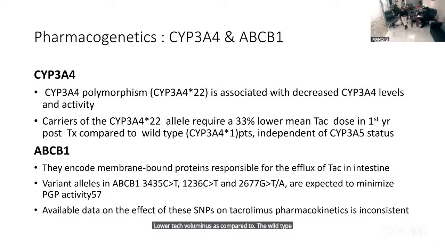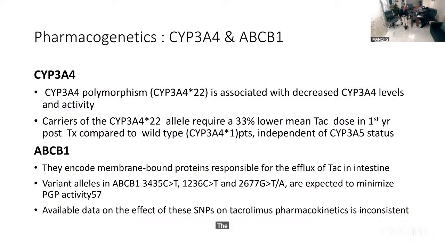Wild type is CYP3A4 star 1. It is almost a 33% reduction in mean tacrolimus levels at first year if the patient is having this allele, and the most important part is that it is independent of CYP3A5 status.